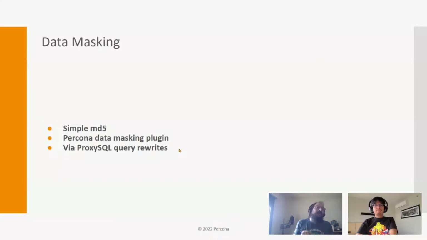It's, again, something few people need, but if you need it, be aware that there is a data masking plugin and that you can do it via ProxySQL, which makes things consistent and easier to repeat.